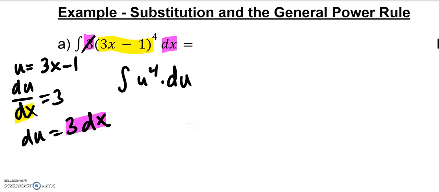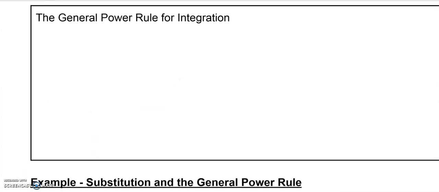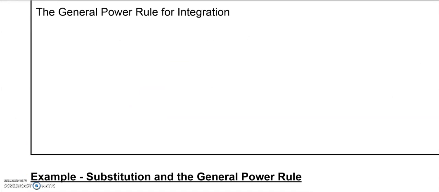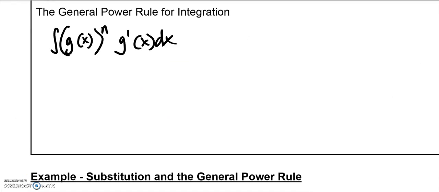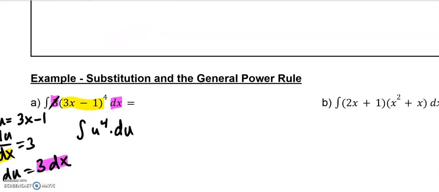And that's basically what this shortcut up here, the general power rule, is explaining. Function like this, the g of x, that is your inside part, and you notice that the outside part has the derivative of your inside part, just like down here. The outside was 3, the derivative of the inside, the derivative of 3x minus 1, was 3.